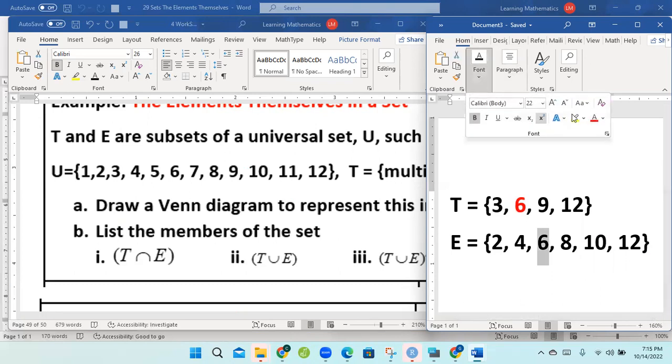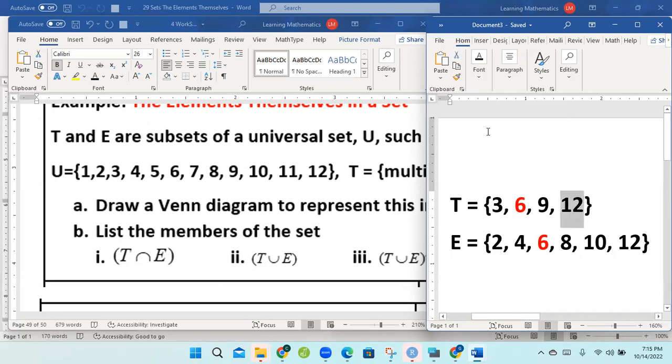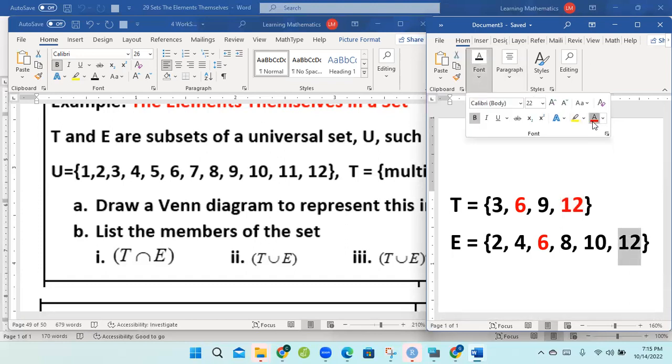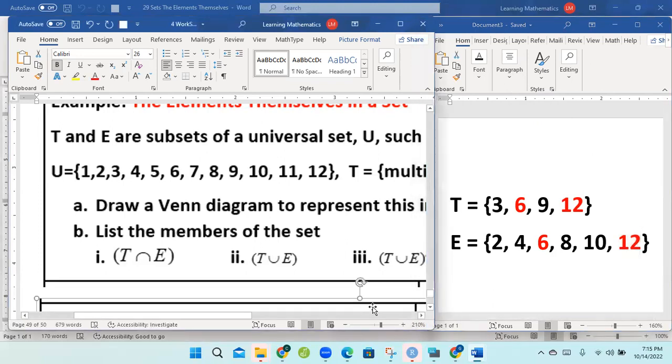Numbers like 6, because 6 is a multiple of 3 and 6 is even. 12 is a multiple of 3 and even too. Bear in mind that when you hear the word 'and' in set theory, 'and' means intersect. 12 is found in set T and in set E. So these two numbers, 6 and 12, must come in the intersection. 3 and 9 belong to T only. 2, 4, 8, and 10 belong to E only.